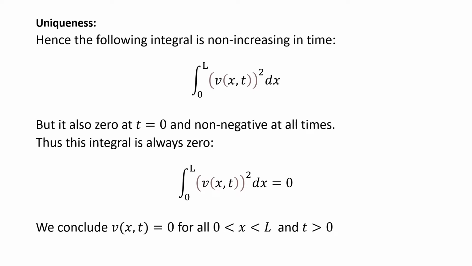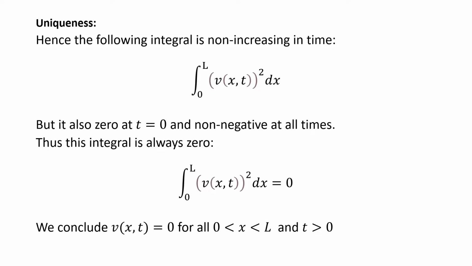So the lower limit of that integral is certainly 0, but at the same time, at the start time t equals 0, we already know that this integral is 0. That can be obtained from the initial conditions. For t equals 0, the integral from 0 to L of the square of v(x,t) is just equal 0. And since this is non-increasing in time, but also non-negative, it must stay 0 for all times.